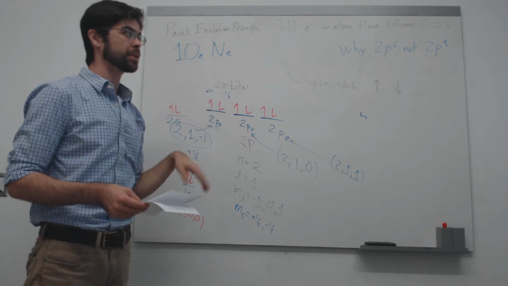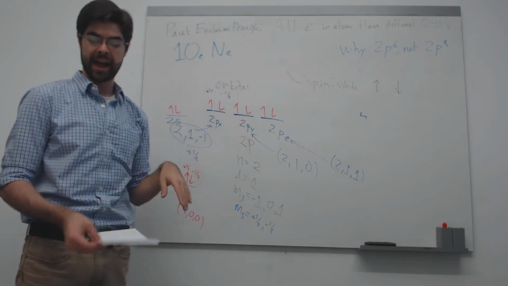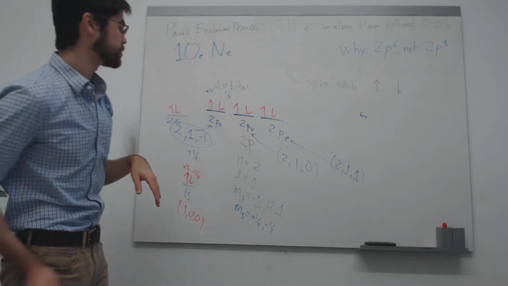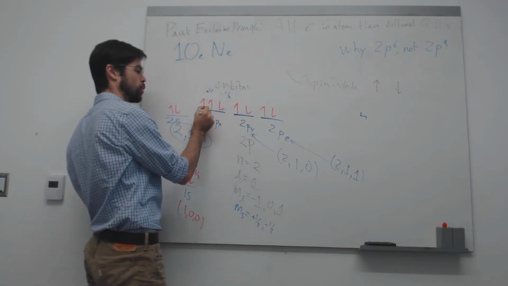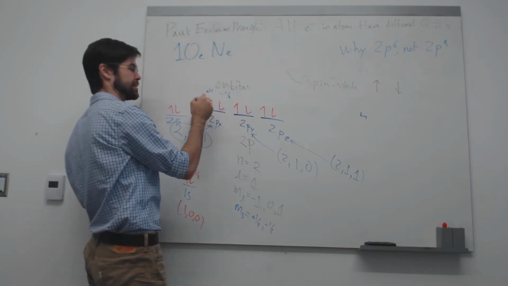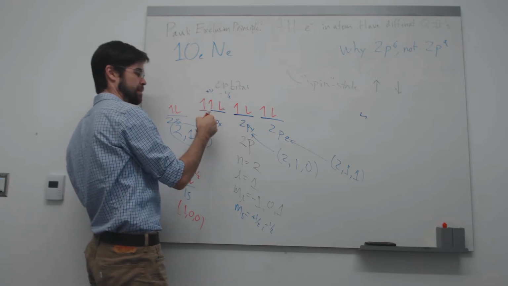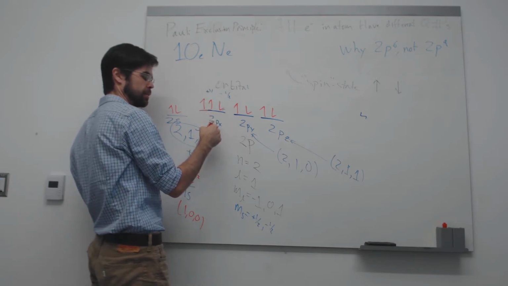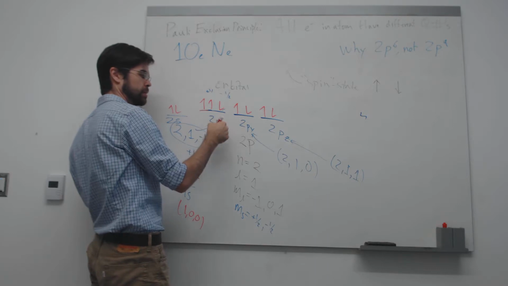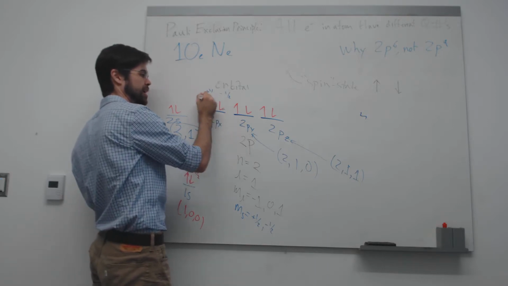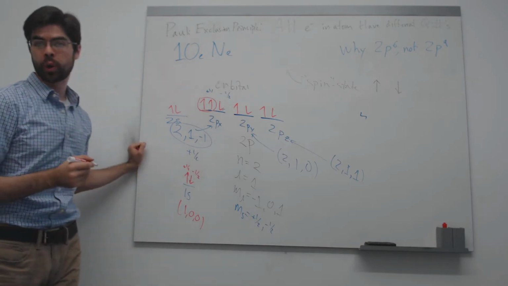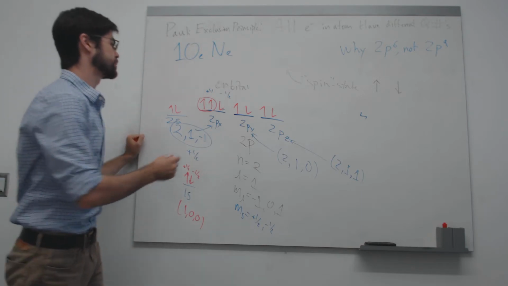The Pauli exclusion principle tells you that there have to be different quantum numbers for every electron. So if I try putting another electron into one of these orbitals, now this electron has the same principal quantum number, the same angular quantum number, the same magnetic quantum number, and the same spin quantum number, because they're both spin up.